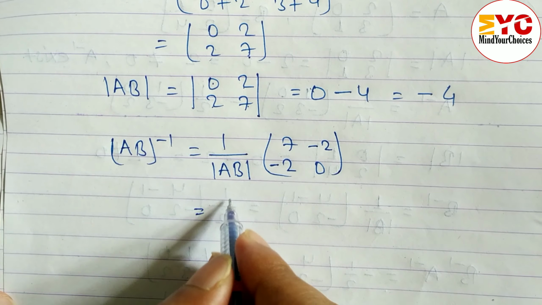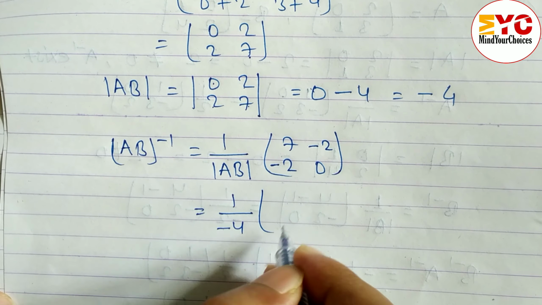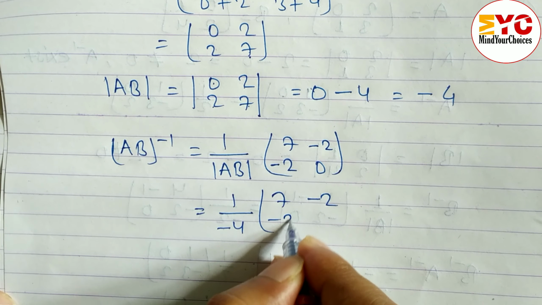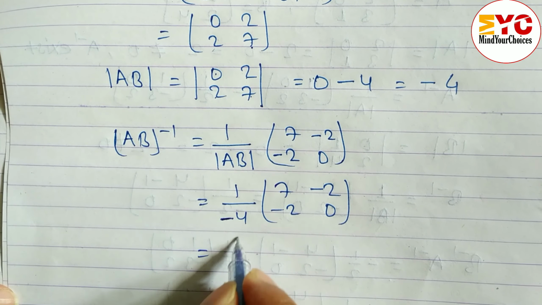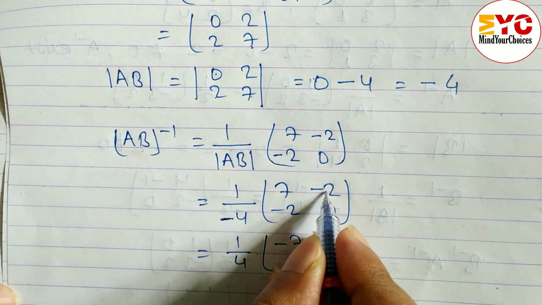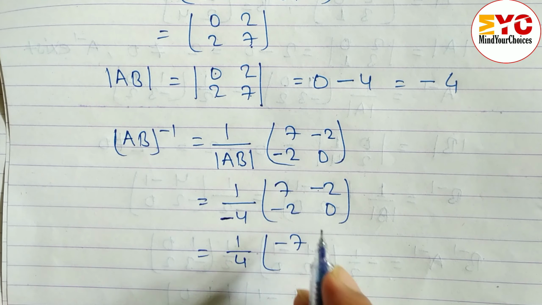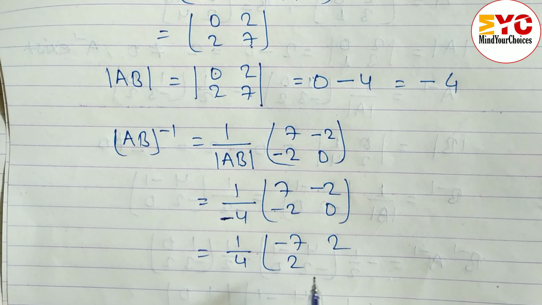Now 1 by determinant AB is 1 by minus 4, times 7, minus 2, minus 2, 0. Now this minus multiplies all the numbers: 1 by 4, minus into 7 gives minus 7, minus into minus 2 gives 2, and minus into 0 is 0.